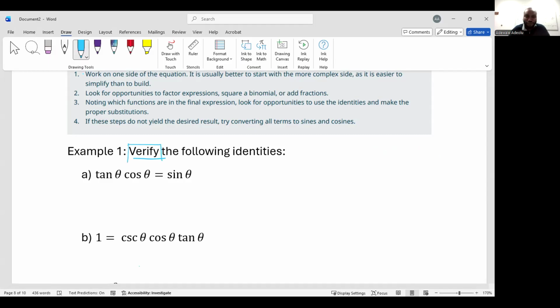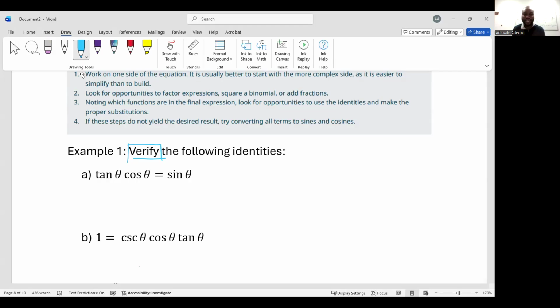Our job here is to verify that it is true. To do this, we are going to take one side and show that it is the other side, right? We will take one side and express it, simplify it, and in the end, we will show that the answer we get is exactly the other side.